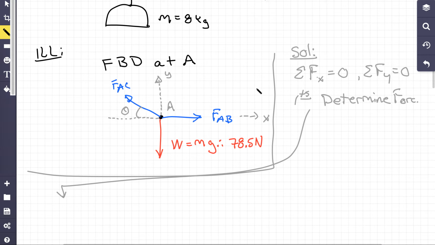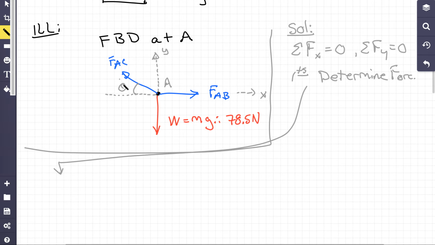Well, if we do the sum of the forces in the x direction, we're left with two unknowns. But if we do the sum of the forces in the y direction, that will give us FACY. So let's do that. The sum of the forces in the y direction is equal to 0. So we have the force of AC times, in this particular case, it has a theta here, so it's better to use sine of theta rather than ratios, since it's not given any ratios. So it's the force of AC times the sine of theta, and that's going in the positive direction.